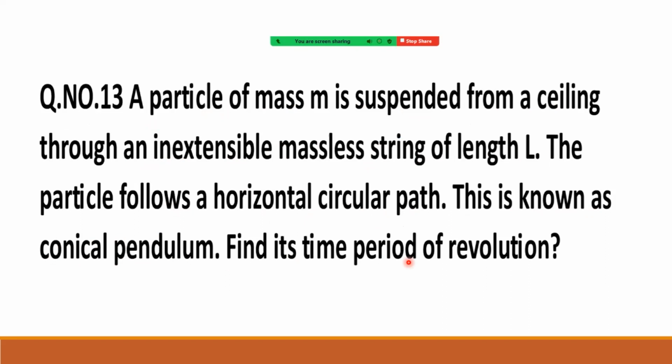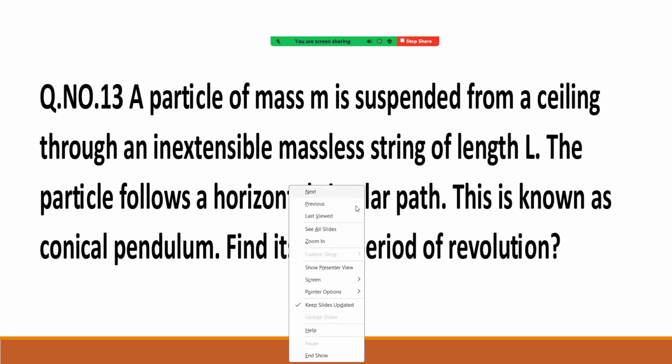Find its time period of revolution. So given a particle of mass m suspended from a ceiling, length is L. The particle follows horizontal circular path, and this is named as conical pendulum. Time period of revolution. Let us see.